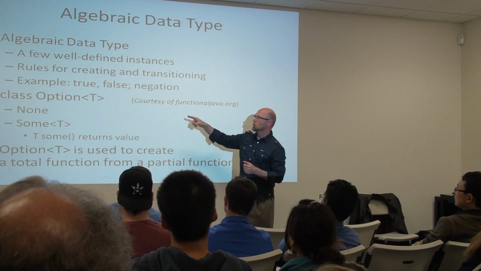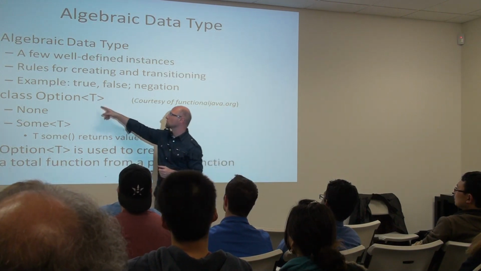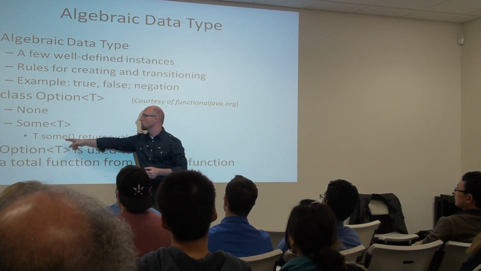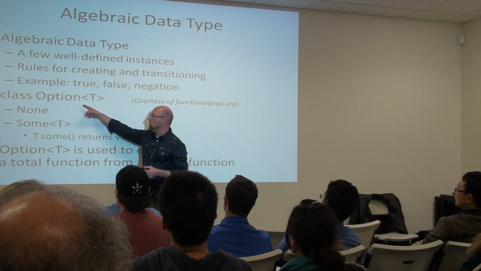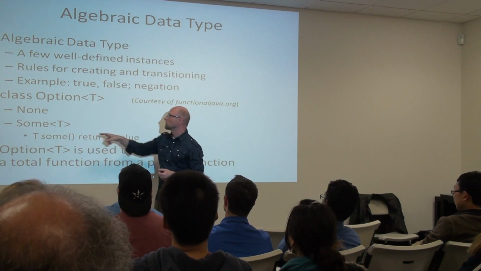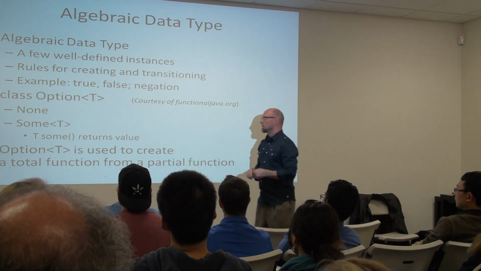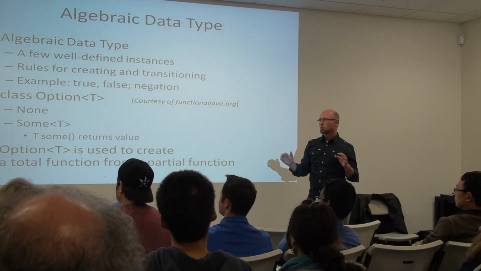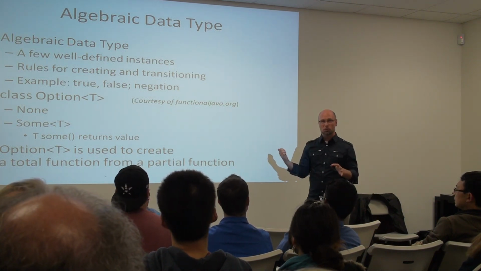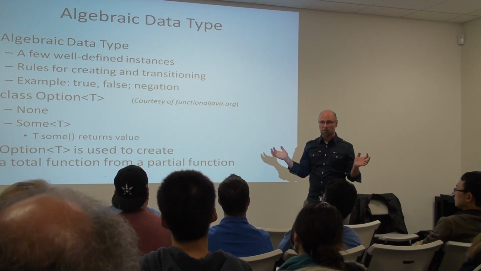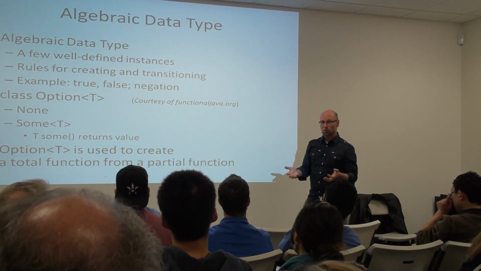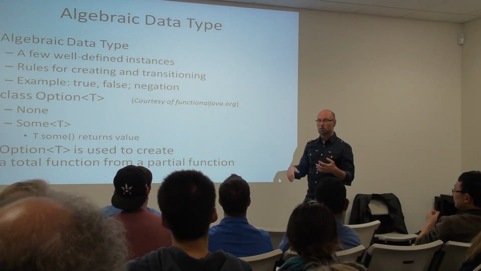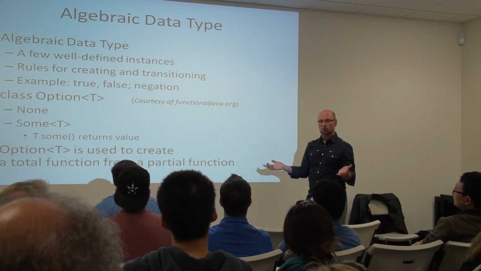So this class Option is defined with a type T, of course, so you can have Option of String or Integer or something else. And if you call some on an object of this type, it'll return the value of T. Essentially, what we're going to do with this option thing is take a partial function, that is, a function that sometimes returns null because it's not well defined, and make it a total function, meaning it'll always return a value no matter what input we give it, and therefore is always well defined.